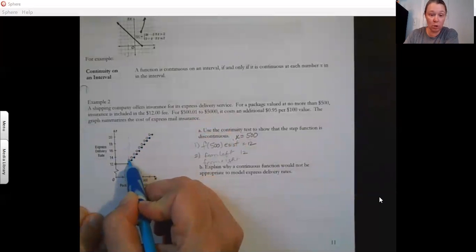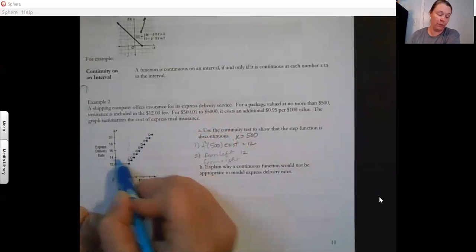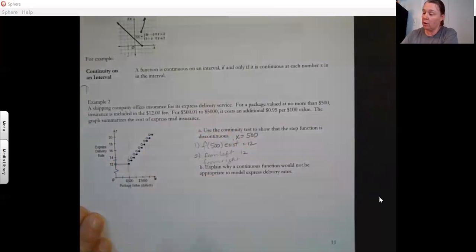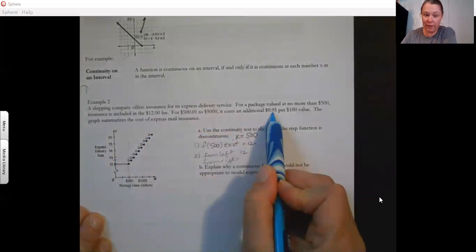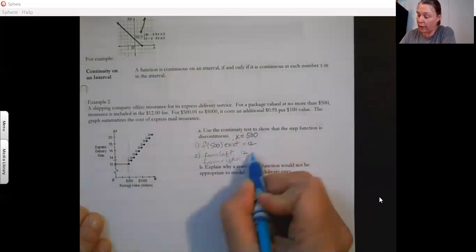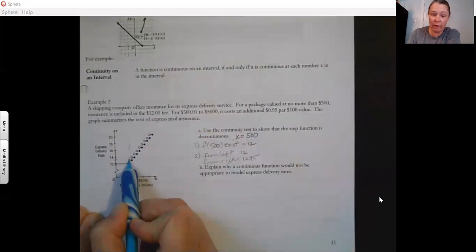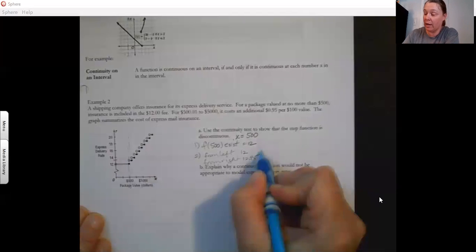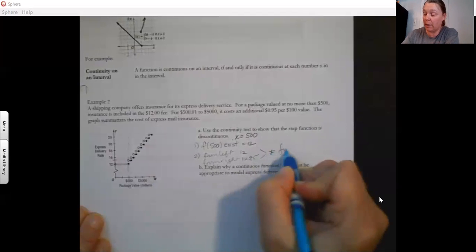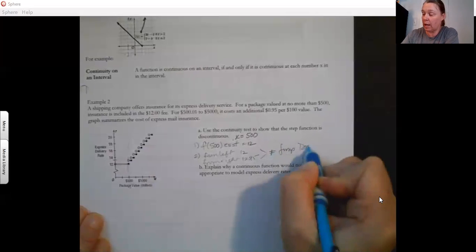As I get closer and closer to the 500, my y value actually gets closer to this right here. Looks like 13, but it was 95 cents, right? So it's $12.95. You might be saying, well, hang on though, at 500, that's an open circle. It's not a question of what does it equal at 500, it's what is it getting closer to from the right. It's getting closer to $12.95. Since these are not equal, this means we have a jump discontinuity.